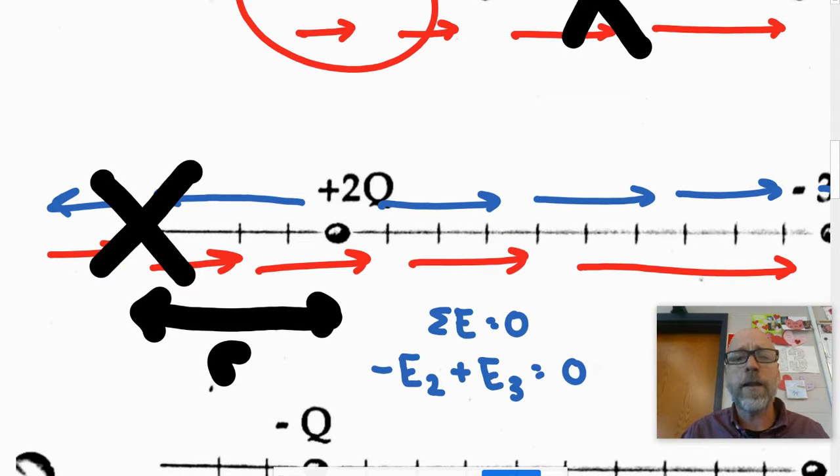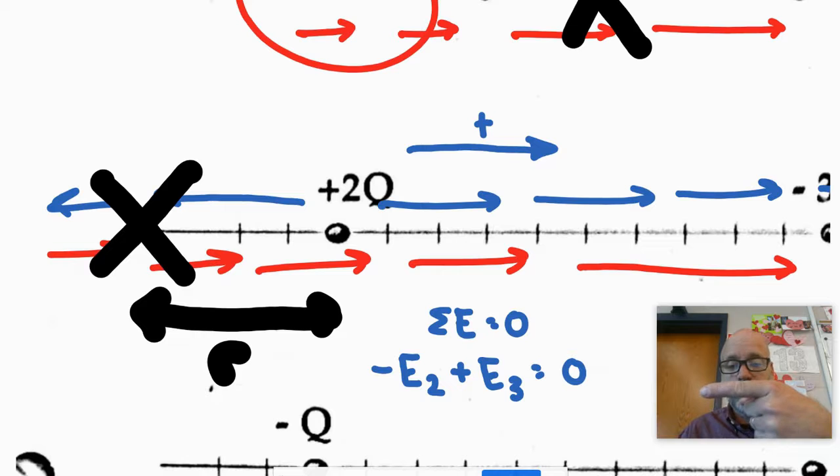Now, where did those minuses and pluses come from? Yeah, that's right. They came from the fact that if we make right the positive direction, E2 was initially pointing to the left, making it negative, where E3 is pointing to the right.